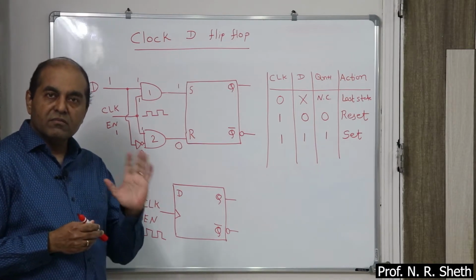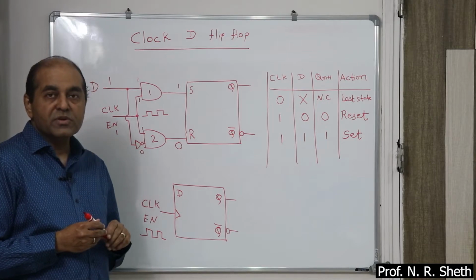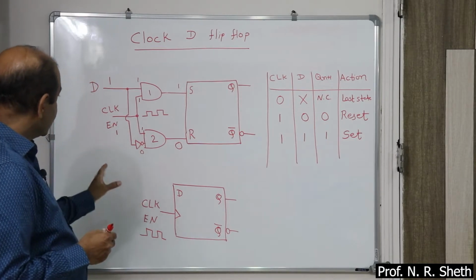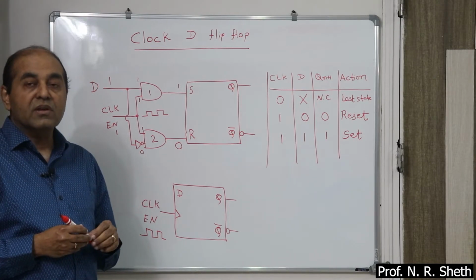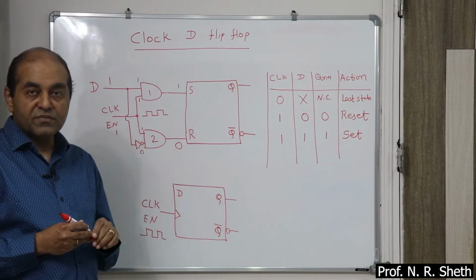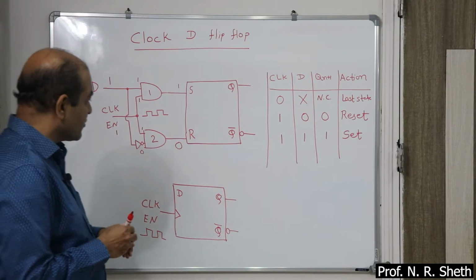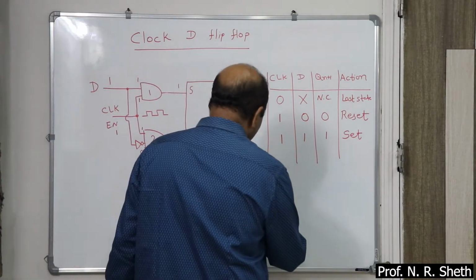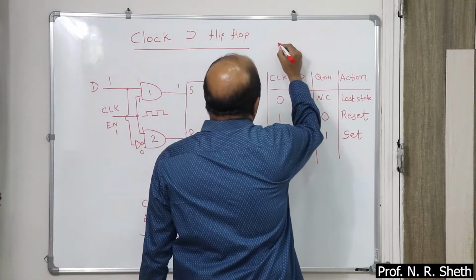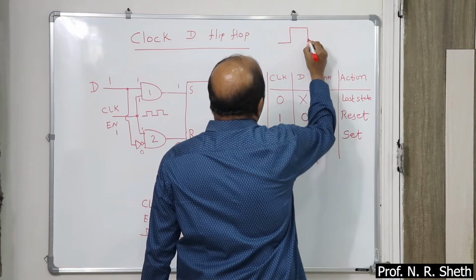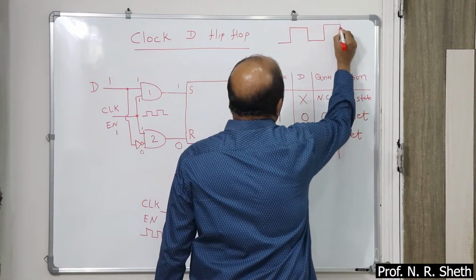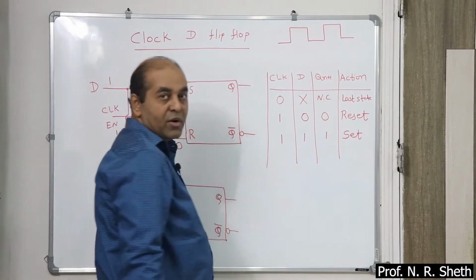Very easily we have eliminated all the problems. But still this circuit has one problem, what we have discussed in clocked RS, that T on time is very high. This is a square wave. Again I am going to explain what is the problem.